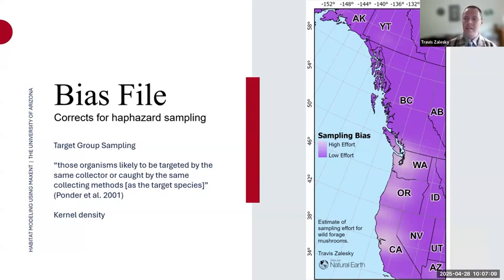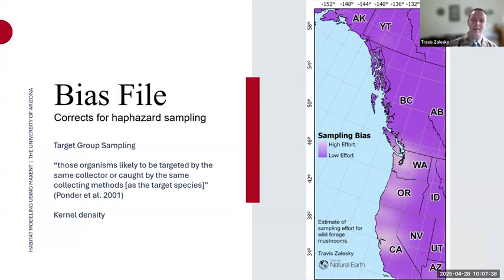This effort bias can easily be corrected through use of a bias file, which is simply an estimate of sampling effort. The simplest and most used type of bias file uses a target group sampling technique, wherein a large number of species presence data is collected for species similar to your species of interest.